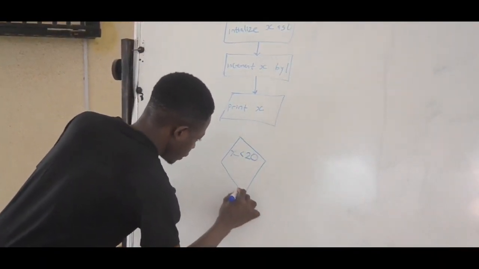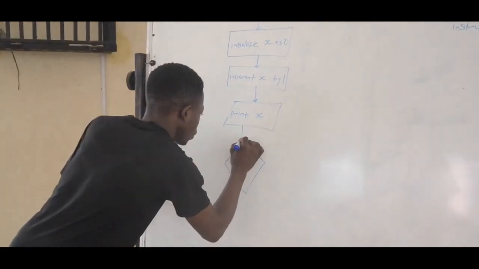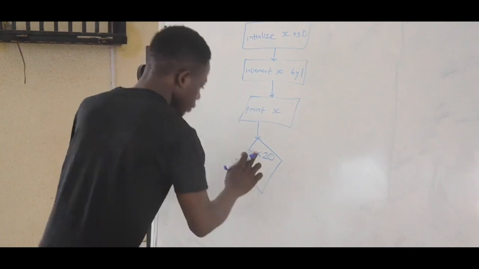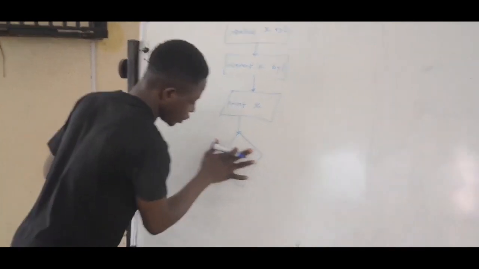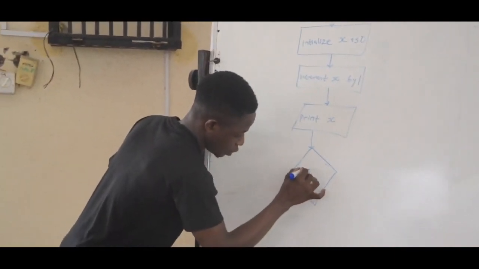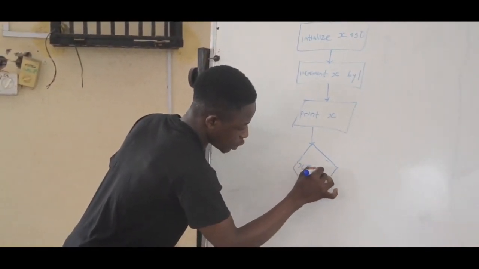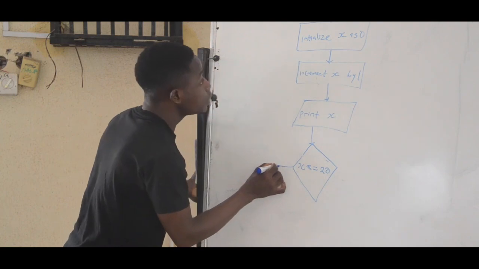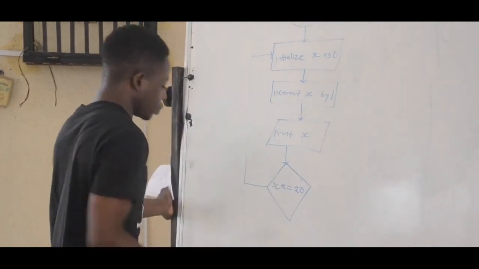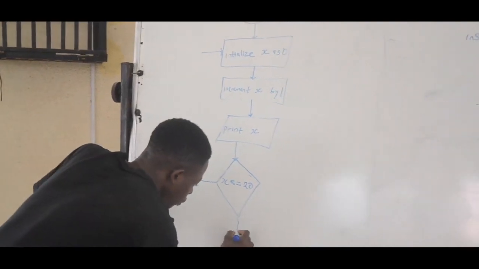It must contain it, and this arrow will come like this. To make it more interesting, you can say x less than or equal to 20. If this happens, it should come back to step 2. Then your next thing is just that you have to end.